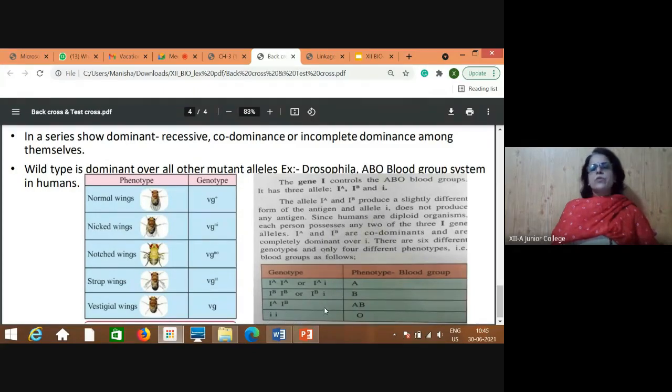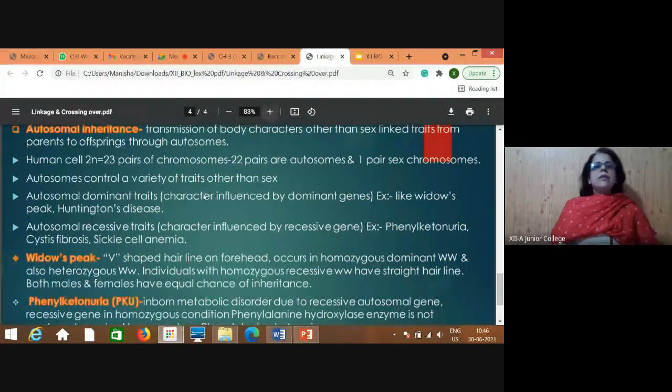So phenotypically only 4 blood groups are present, but genotypically there are 6 genotypes. This is the best example of multiple alleles, which is one of the deviations from Mendel's laws.